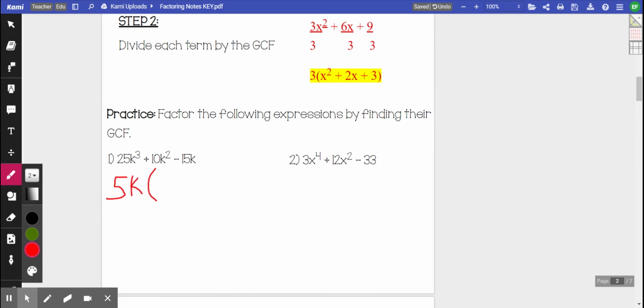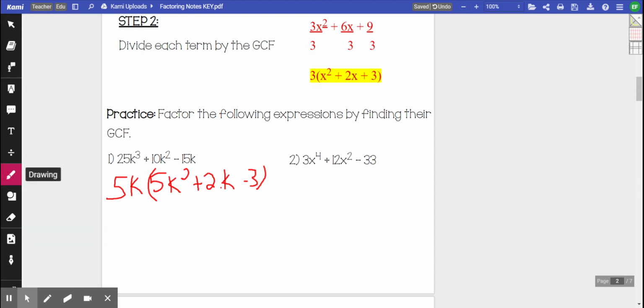When we divide each of our terms now by 5k, I'm going to get 5k squared plus 2k minus 3. Again, if you're not sure if you did that right, you can go ahead and distribute. 5k times 5k squared is your 25k cubed. 5k times 2k is 10k squared. And 5k times negative 3 is negative 15k.